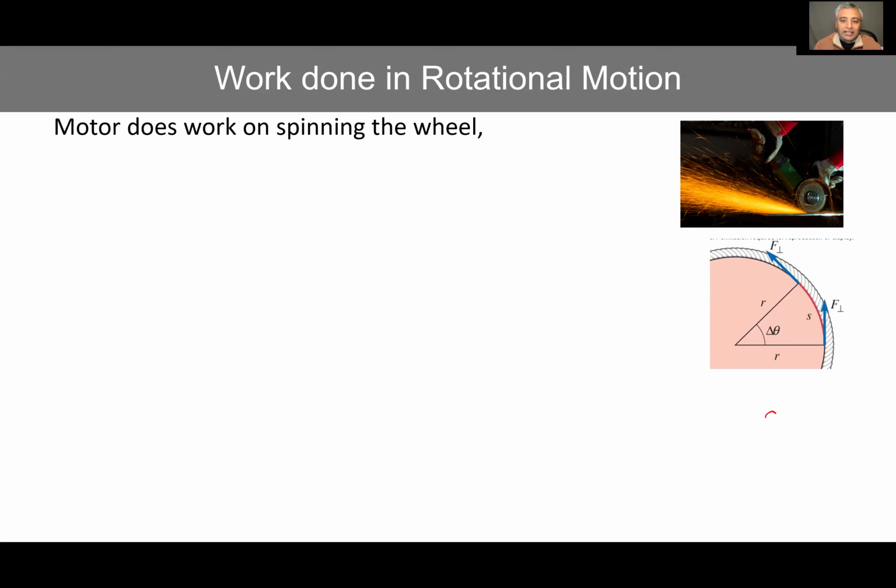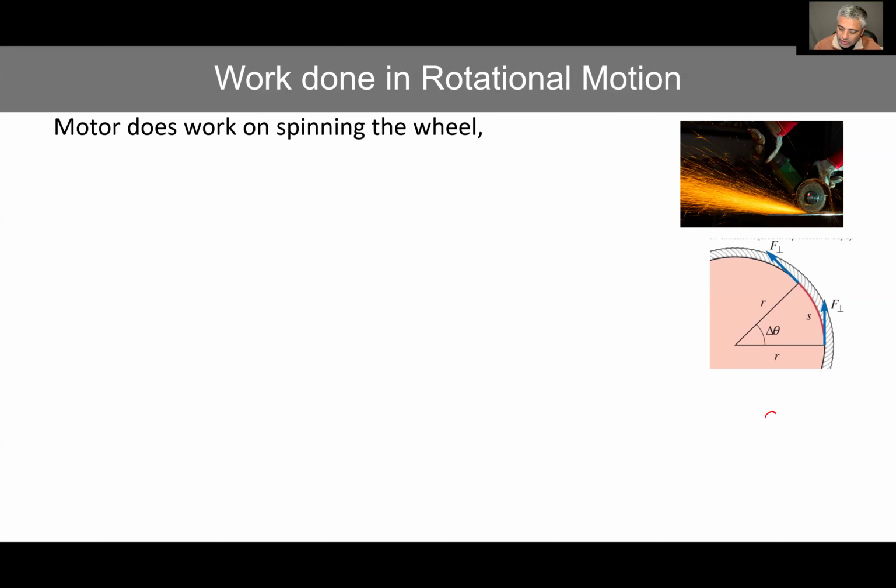So just like we did for translational motion, we'll start by defining the work done, writing the equation of work done for rotational motion with slight modification, and then we're going to write the kinetic energy. And then we'll learn how to use conservation of energy for rotational motion. Okay, so let's get started.